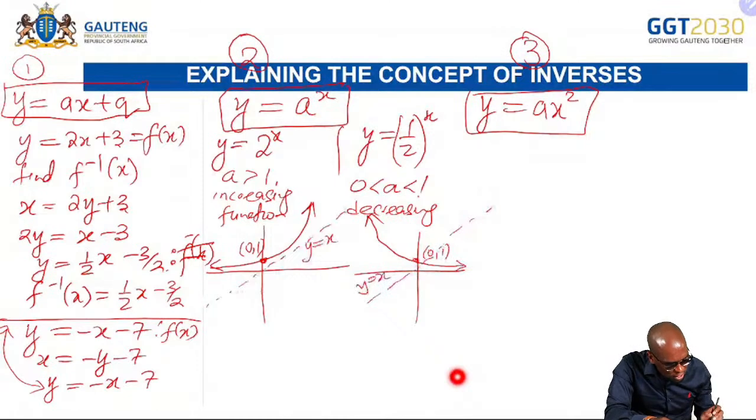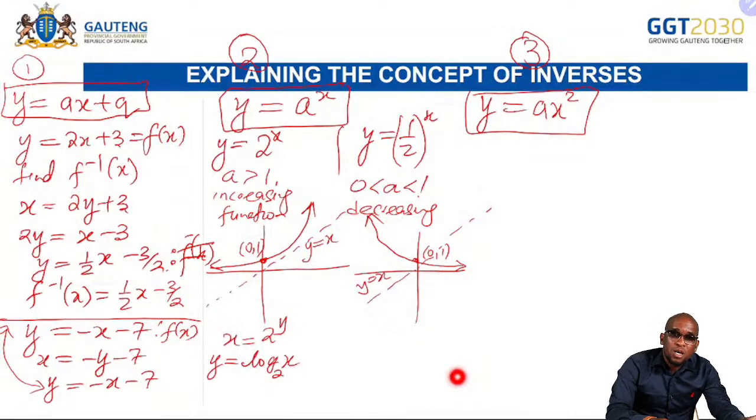So here, if we interchange x and y, we get that x is equal to 2 to the exponent of y, and this would take us to y is equal to the log to the base 2 of x. That is how you then write down the inverse of this particular function.